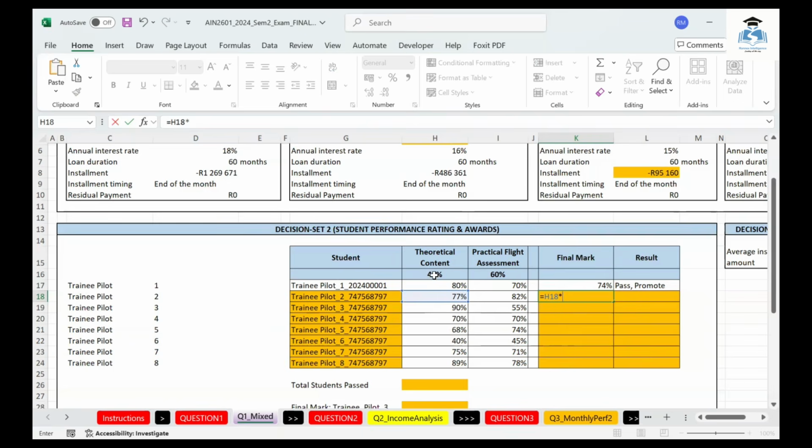H16 is where 40% is. Yes. Close, plus open bracket I18 multiply by I16. Yes, enter.